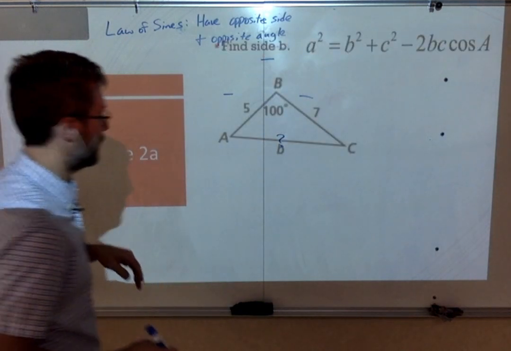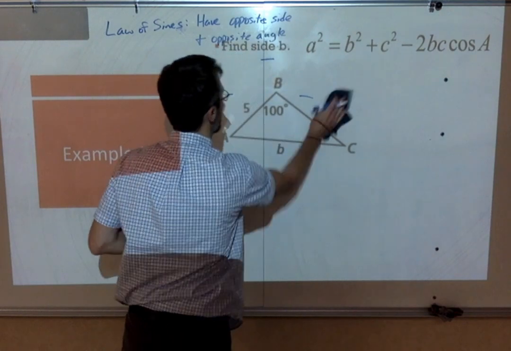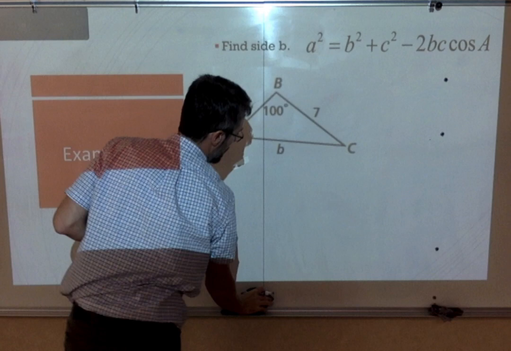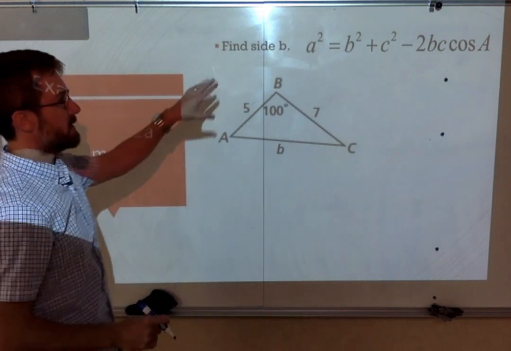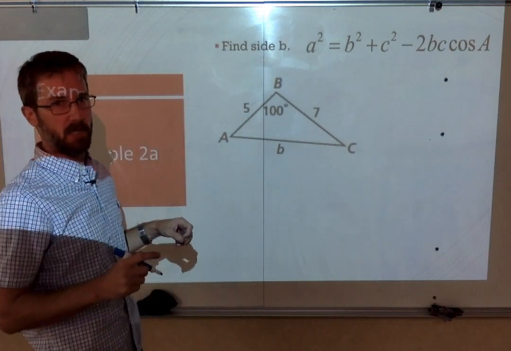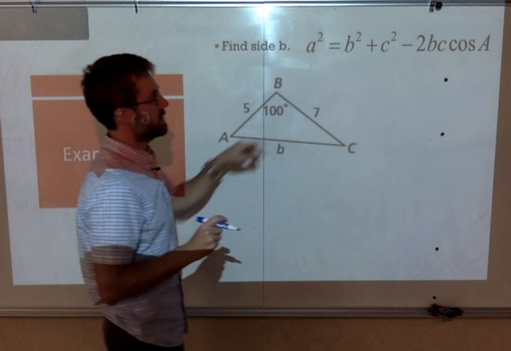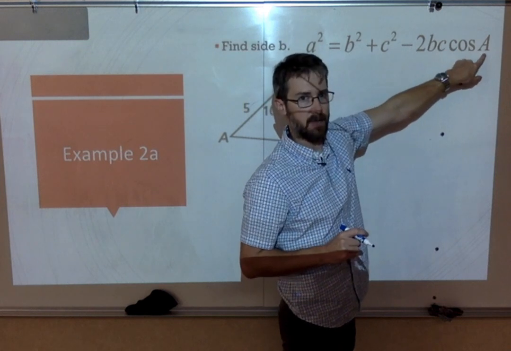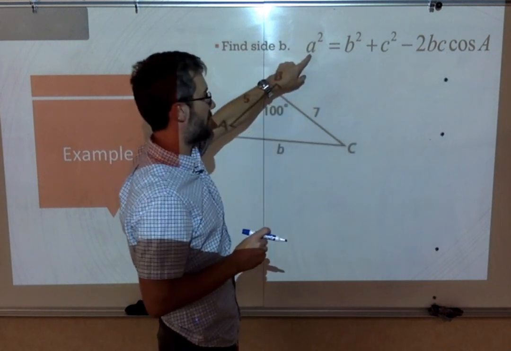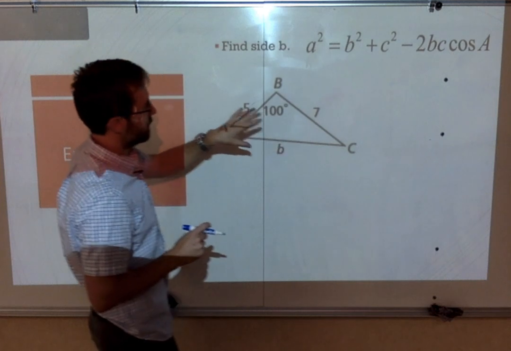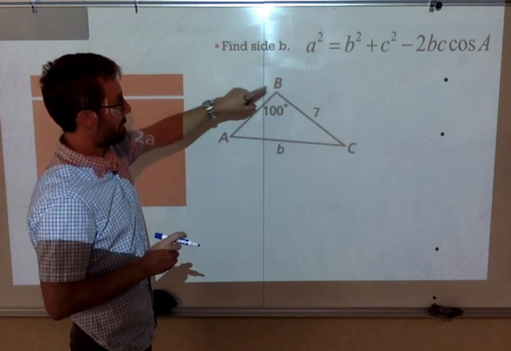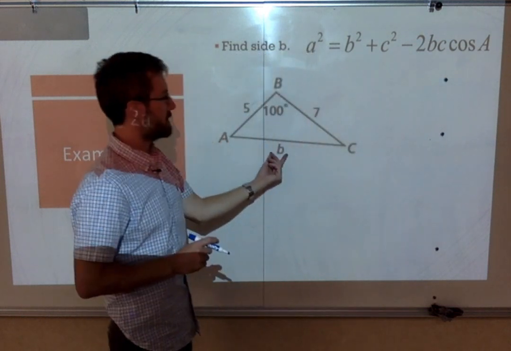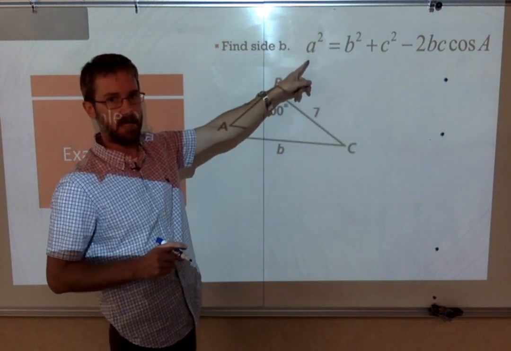All right, so first example, using law of cosines. Now notice, law of cosines as it's written isn't quite going to work here. One thing about this is the opposite side to that angle, so that letter and that letter have to match for this to work. So for this one, this is going to be the angle, and this is going to be the opposite side that goes here.